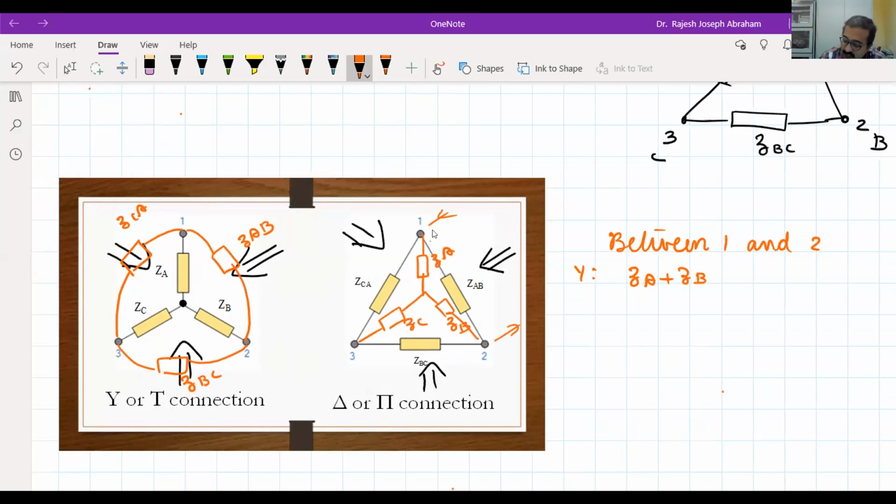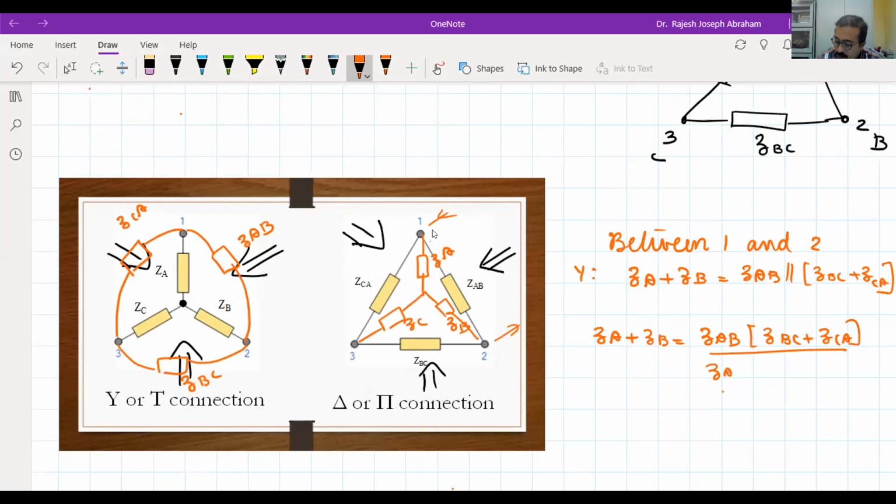So in delta, I can write: ZAB parallel to ZBC plus ZCA. If you simplify this further, you will get ZA plus ZB as ZAB into ZBC plus ZCA divided by ZAB plus ZBC plus ZCA.